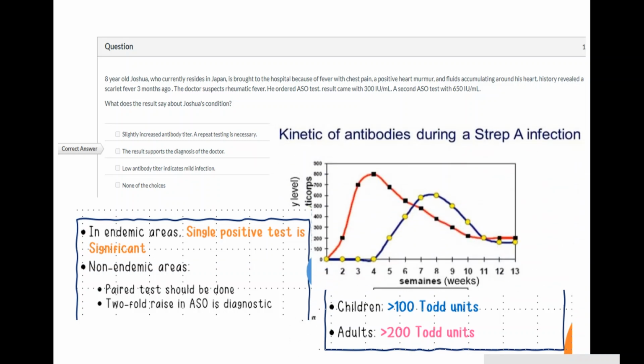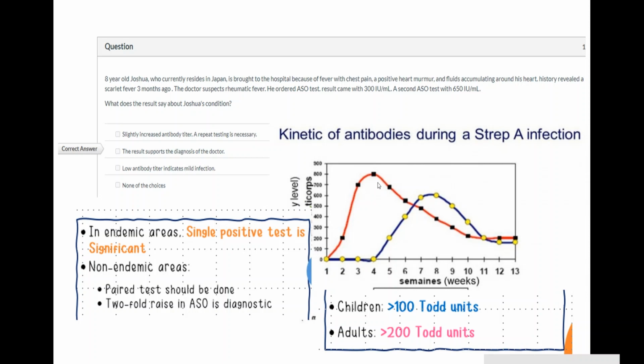This graph here will tell us the values for the antibody titer during the course of a streptococcal infection. In the early phase of the infection, about 1 to 2 weeks following the onset of the infection, there is not much antibody produced. But 3 to 4 weeks after the onset of the infection, that's when there will be a peak in the antibody production.